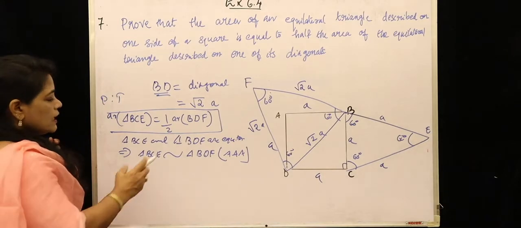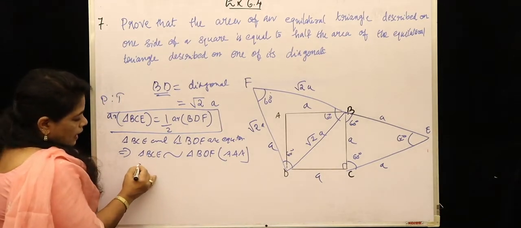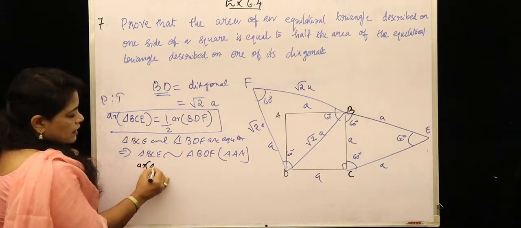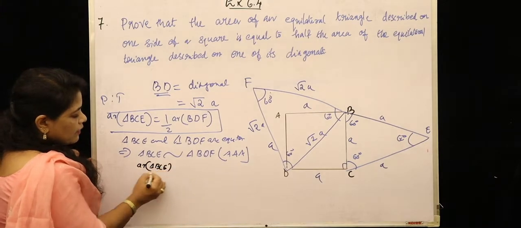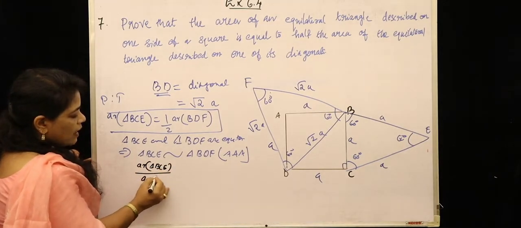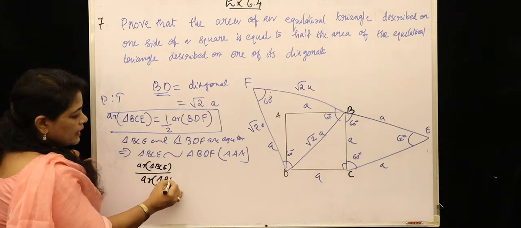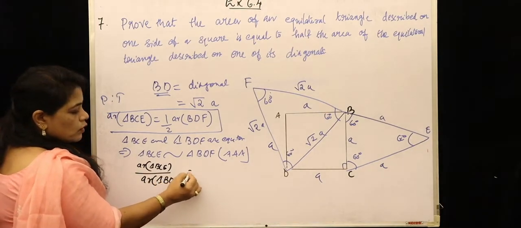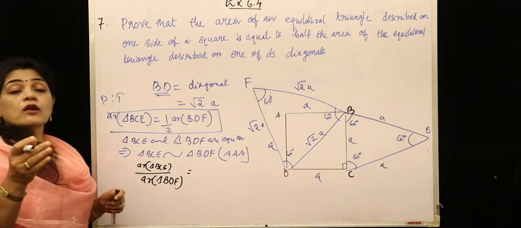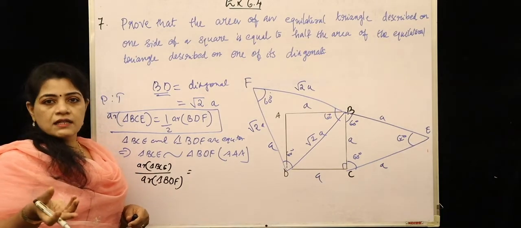That means area of triangle BCE divided by area of triangle BDF equals the square of the ratio of corresponding sides.